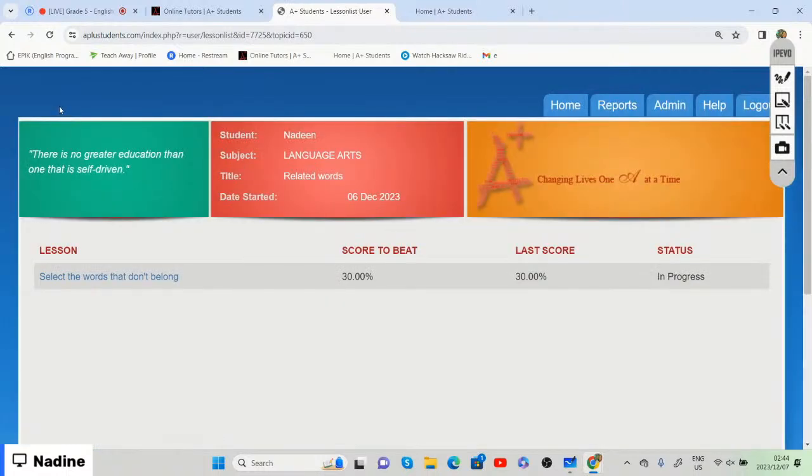All right, so that is our lesson on related words. Remember, we said related words are words that have some form of similar meaning to one another, and we made a few examples of different related words. It is not necessarily words that are exactly the same.